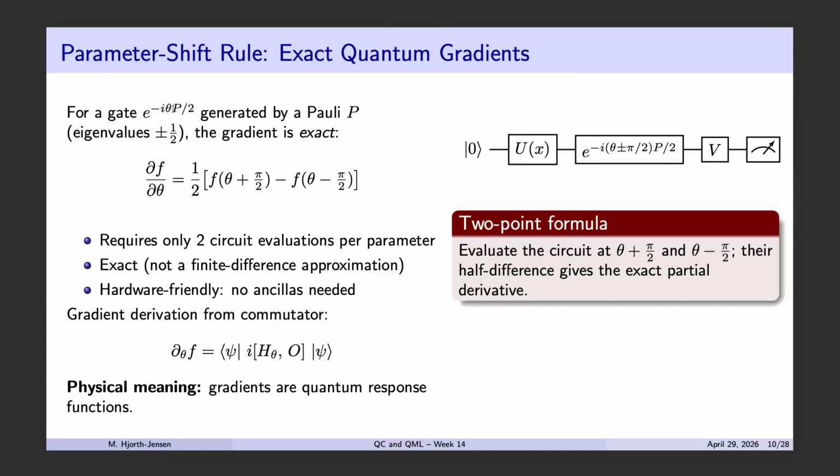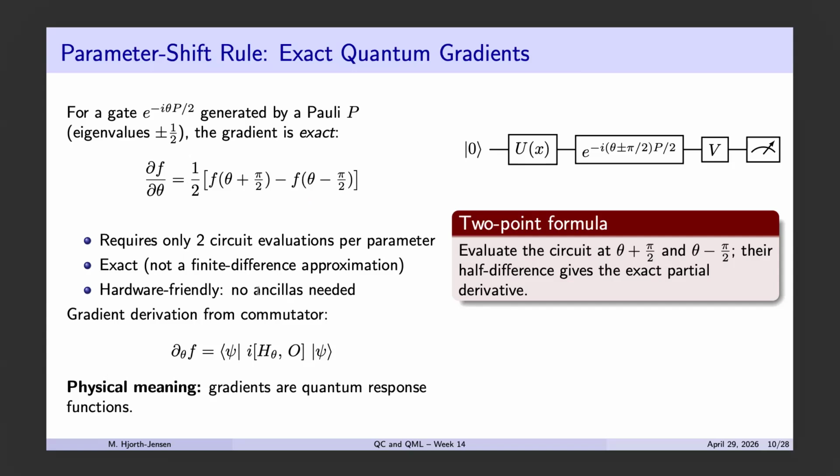So keep in mind that this applies only if this is a clear term expressed in terms of Pauli matrices. This typically requires only 2 circuit evaluations per parameter, as you did with the VQE. There is no finite difference approximation. Obviously, if you cannot implement this one, then you would have to add some kind of finite difference approximation.